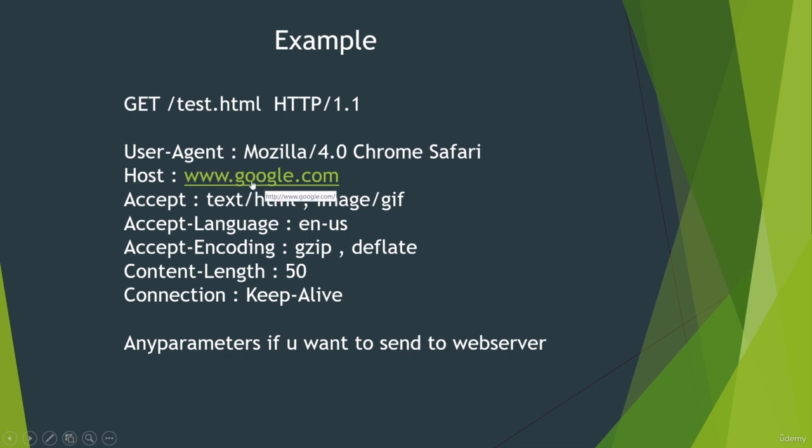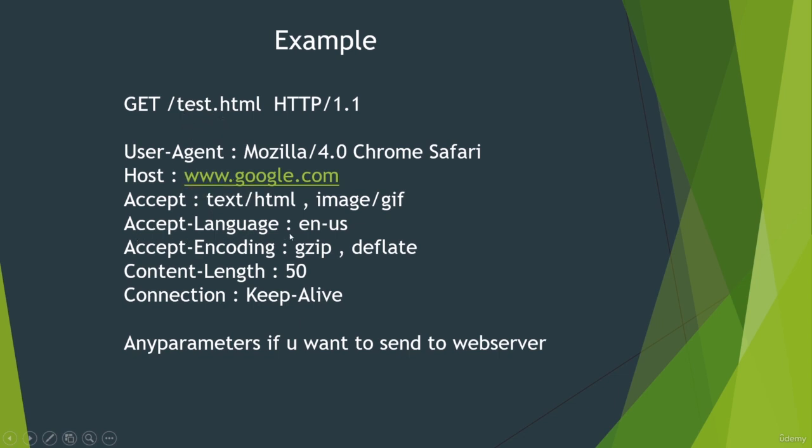In our case, let's say google.com. And Accept is the content type you want to accept in your browser, like text or HTML. You are telling the web server that you are ready to accept text or HTML, and also images and GIFs. So the server, on seeing this, will send an HTML formatted test.html.